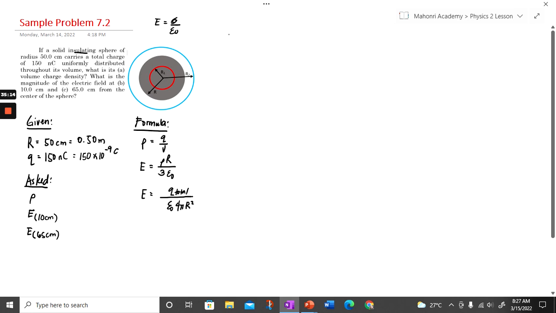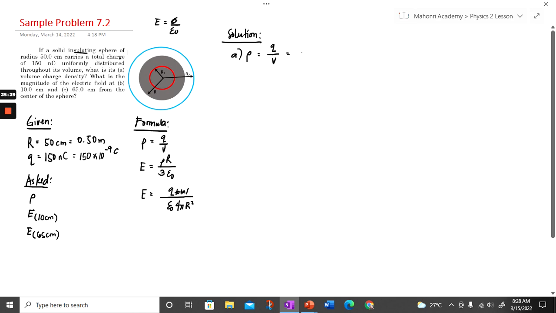Okay, now let's do our solution. Let's solve the volume charge density first. How are we going to solve this? We know the equation for volume charge density is Q divided by the volume of the sphere.